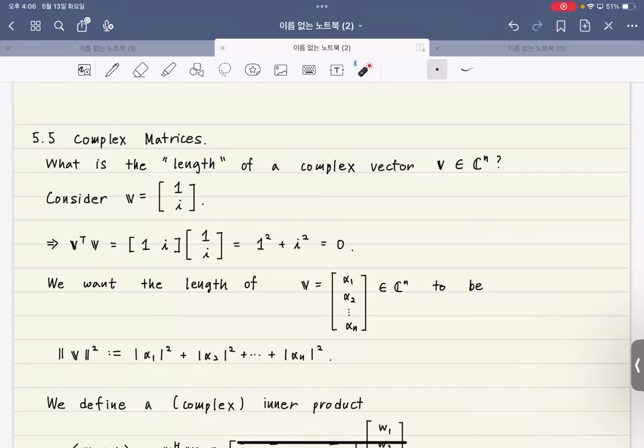To compute the length squared of any vector, you usually take the transpose of the original vector and multiply it by itself. Then the resulting number is the length squared, right? So I did exactly the same thing here. 1 times 1, which is 1 squared, plus i squared. But i squared is -1, therefore 0. So the length of this vector turns out to be 0.